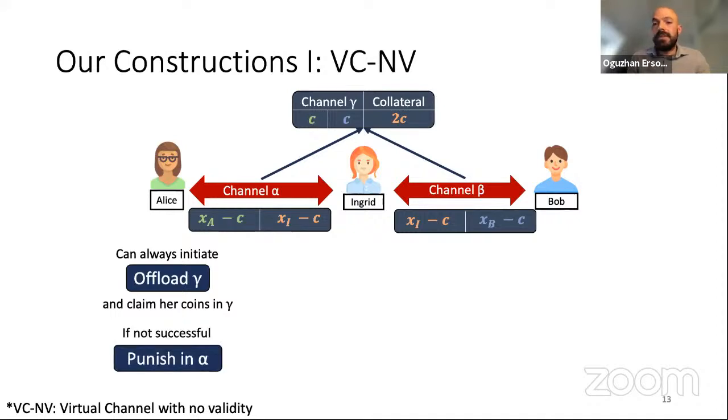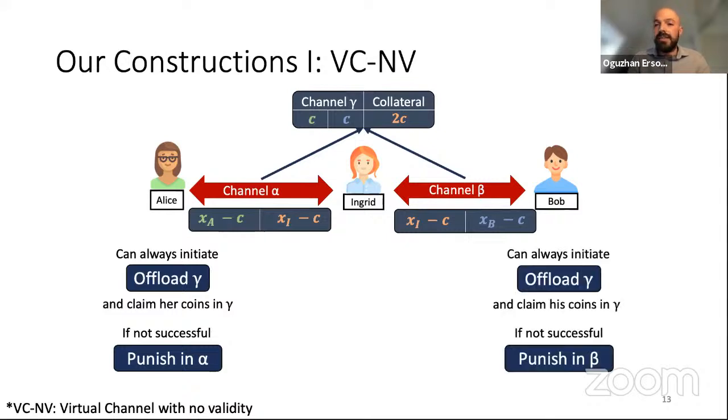If it doesn't happen, then they can punish the intermediary node with their ledger channel. So in Alice's case, if the offload is not completed, then Alice can punish Ingrid via their ledger channel. The same goes for Bob. Bob can initiate the offloading of the virtual channel.